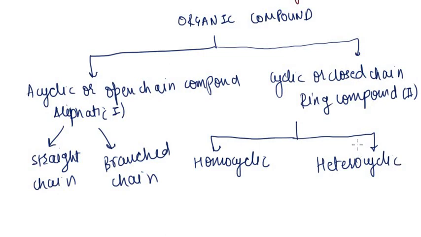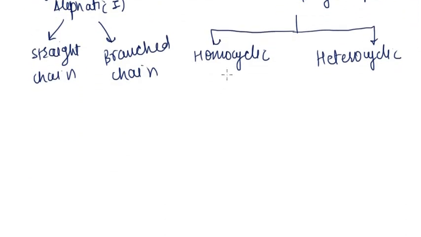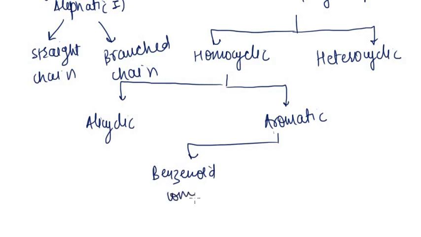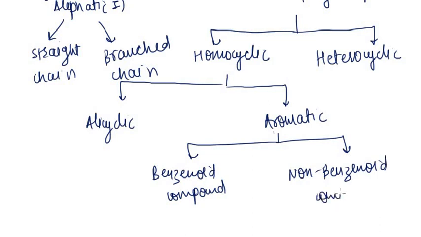Now homocyclic compound is further classified as alicyclic and aromatic compound. Now further, aromatic compound is categorized as benzenoid compound and non-benzenoid compound. So this is the overall categorization of organic compounds.